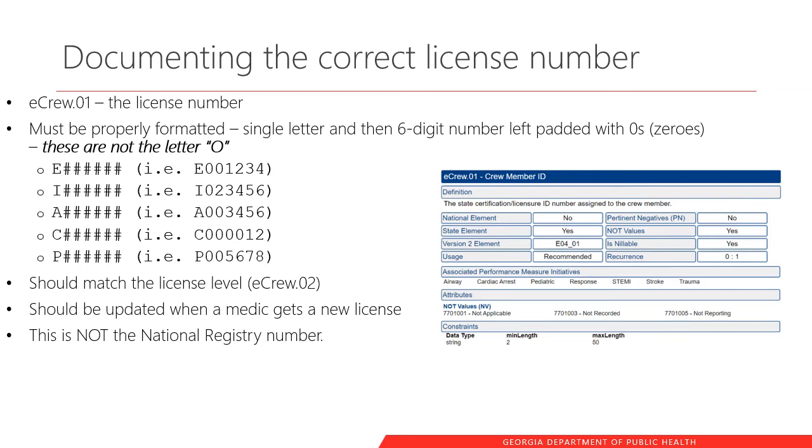The provisional ones and the temporary ones have different numbering systems, but for regular licenses, these are the numbers that we have. The provisional and temporary ones will be done at the end of June, and the provisional ones will be done as soon as they transition, which will be before December of 2021. So these are the standard numberings that we have for medics.